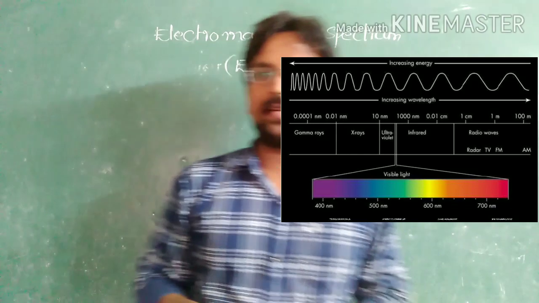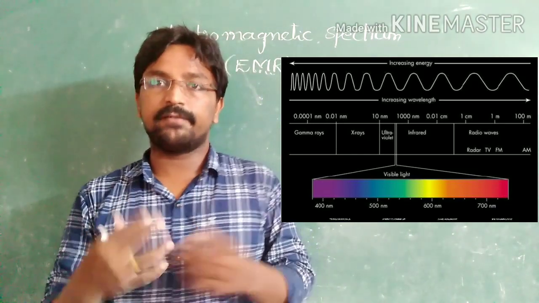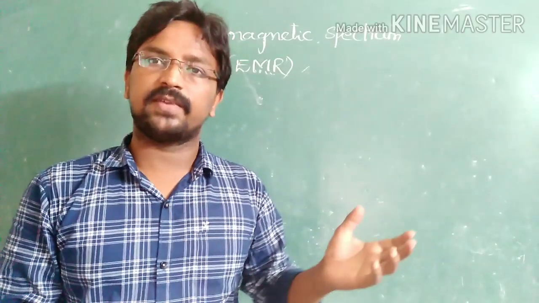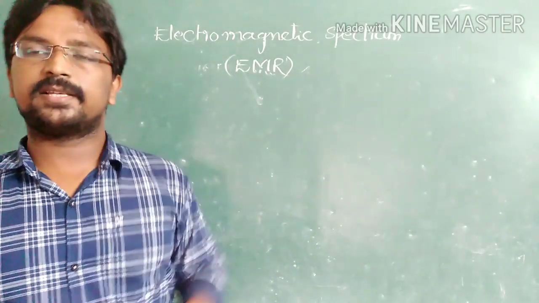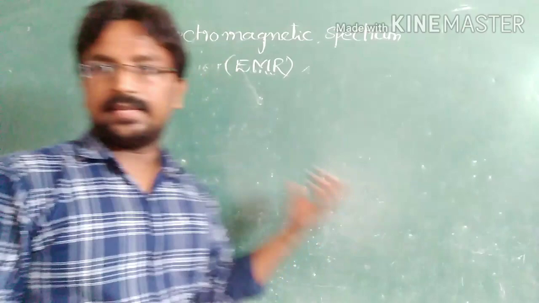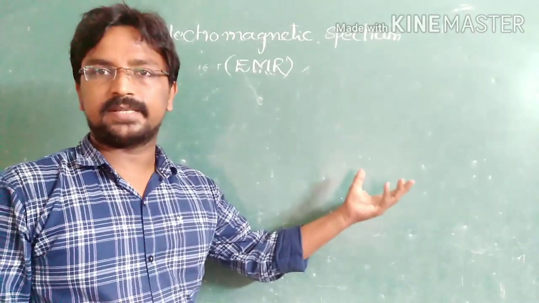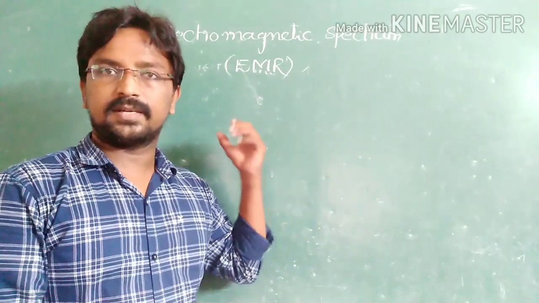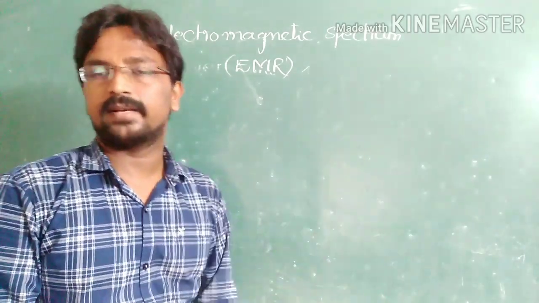Actually an electromagnetic wave has wide varieties of wavelengths. The entire range of these wavelengths is called the electromagnetic spectrum. So let us see what names are given to these parts of the electromagnetic spectrum.